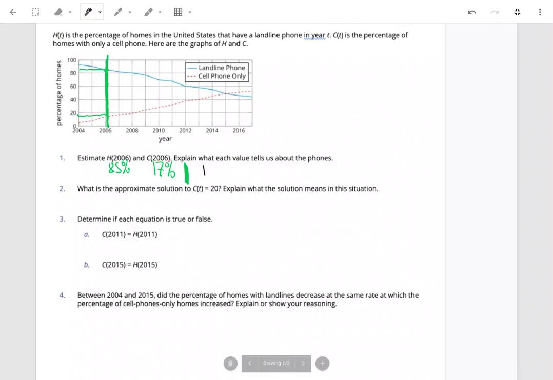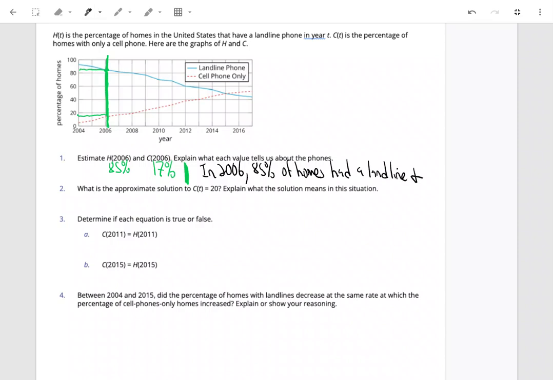So that tells us that in 2006, 85% of homes had a landline and 17% only had a cell phone. So 85% of homes had a landline, 17% only had a cell phone in their home. Okay, so that's number one.